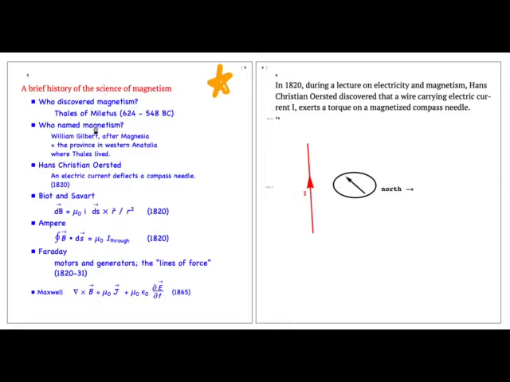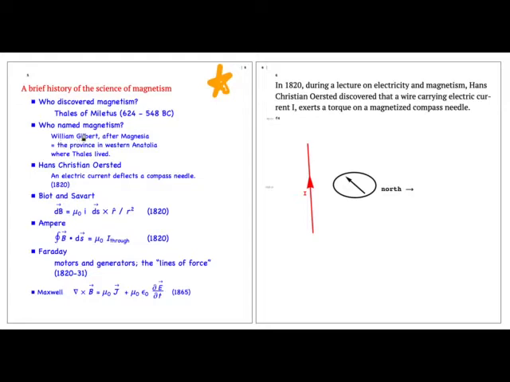Now, who named the phenomenon magnetism? Well, that was named by the English scientist William Gilbert, who lived at the time of Queen Elizabeth, not the current Queen Elizabeth II, but the first Queen Elizabeth, the time of William Shakespeare.